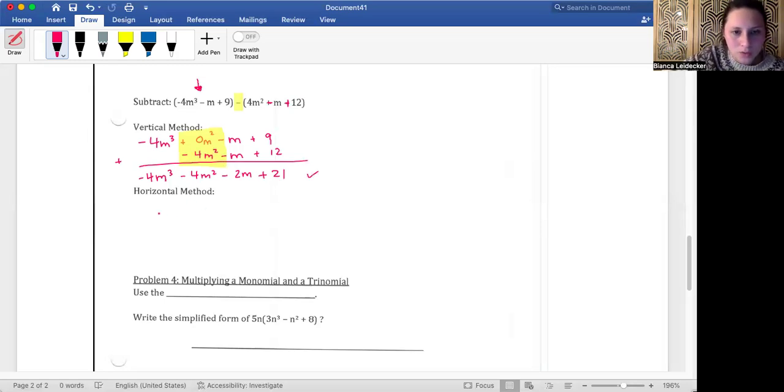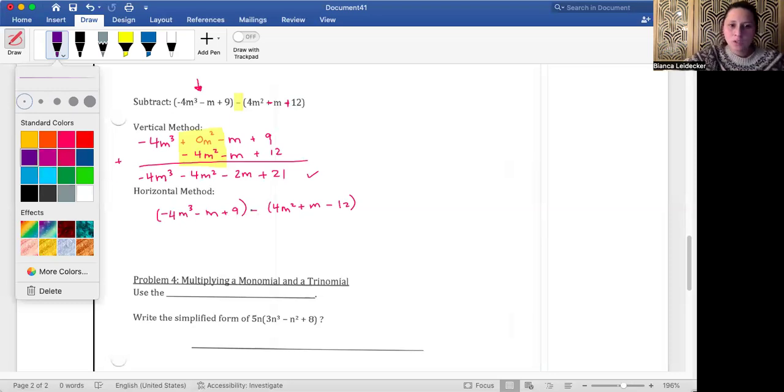Let's talk about the horizontal method. So this might feel a little more familiar to you. I'm going to rewrite everything like what's above, and I'm going to write subtract in parentheses 4m squared plus m minus 12. Okay, so in this case, use a different color here.